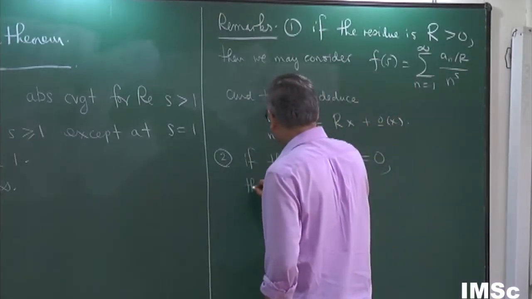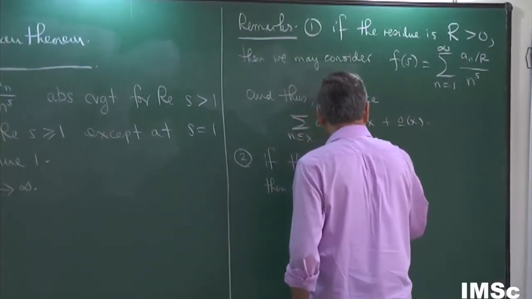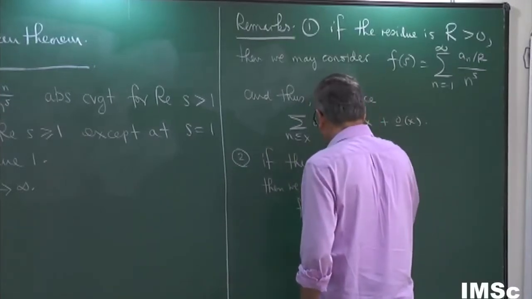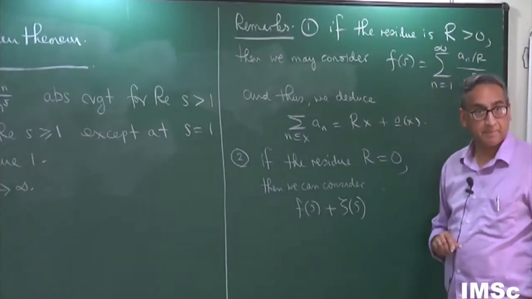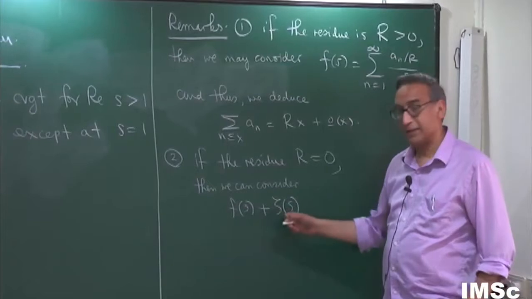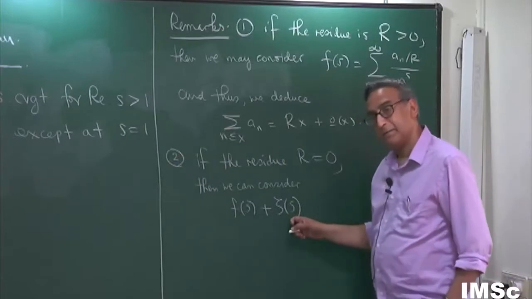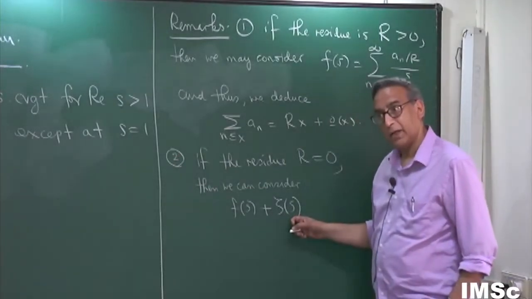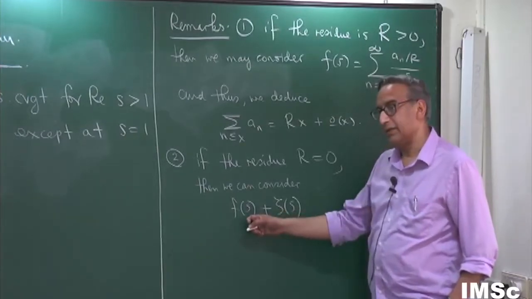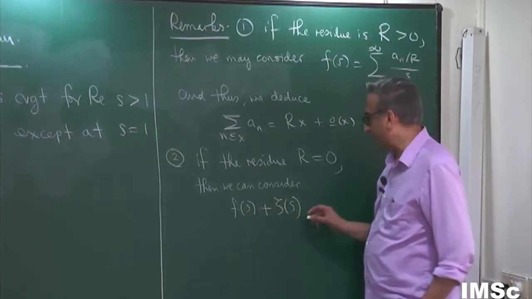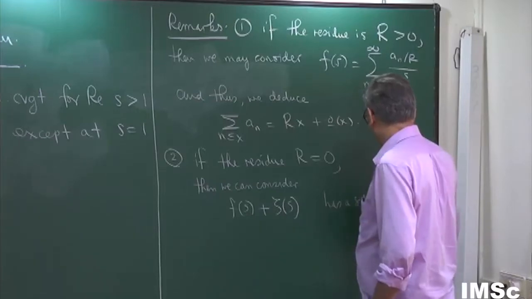Then we can consider f of s plus zeta of s. The a_n's are still non-negative. Zeta of s has a simple pole at s equals 1. Now the residue here is 0, the residue here is 1, so the sum has a simple pole with residue 1.